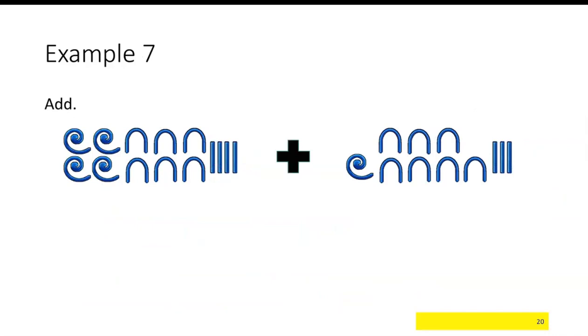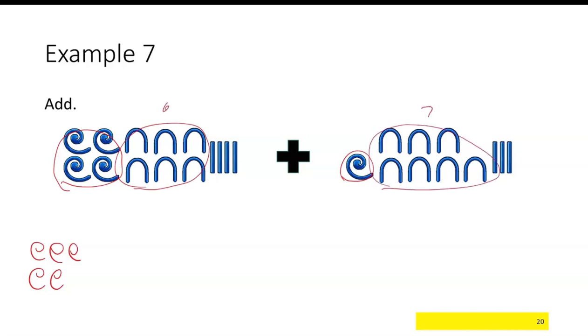Now, if I want to try to add, it's kind of nice with Egyptian numerals, because I have 4 coiled ropes, I have a 5th coiled rope. So if I'm adding them together, I just put 5 coiled ropes together. Here I have 6 heel bones, and here I have 7 of them.